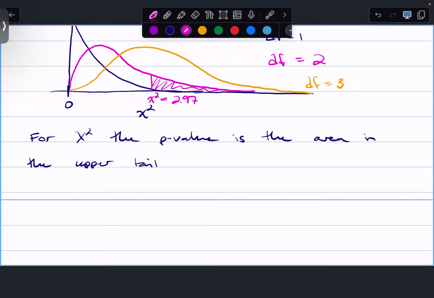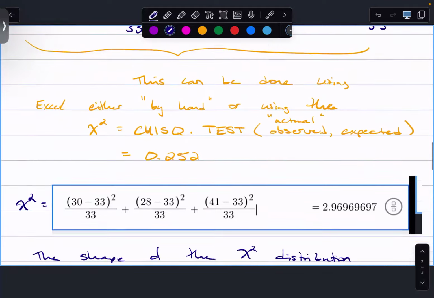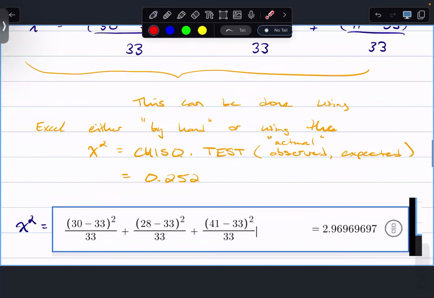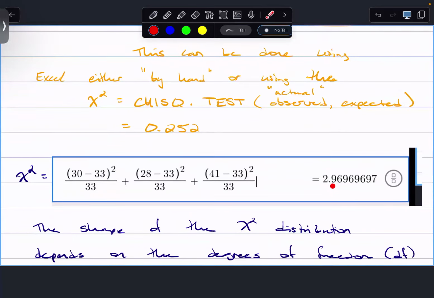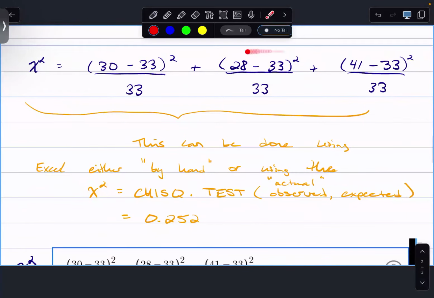Now this part I'm more confident in Excel, because of course Excel can give us this p-value, this area in the tail. So we need to calculate the chi-squared, and it sounds like we have to do it by hand. Yeah, because it should be 2.97. So you have to set up this calculation.